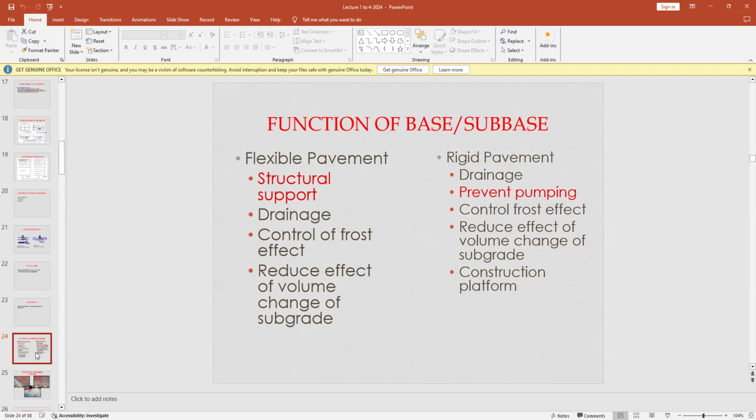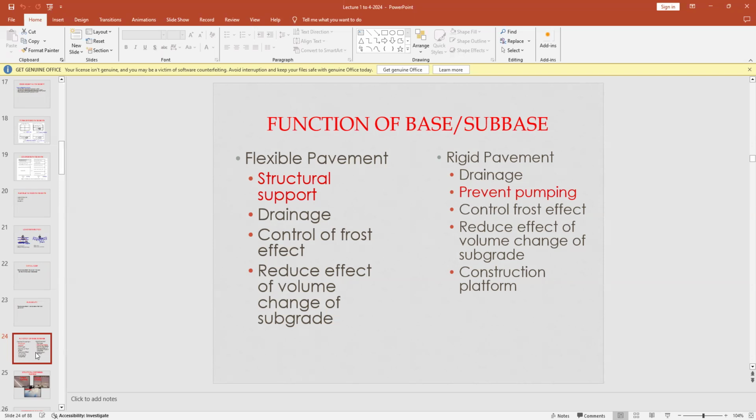So in order to lay concrete, as you are a civil engineer yourself, you know that each time we have a rich mix concrete, we always have a lean concrete base.